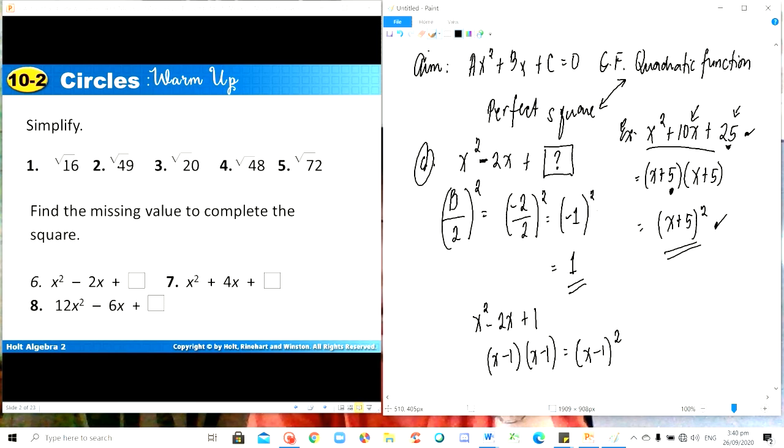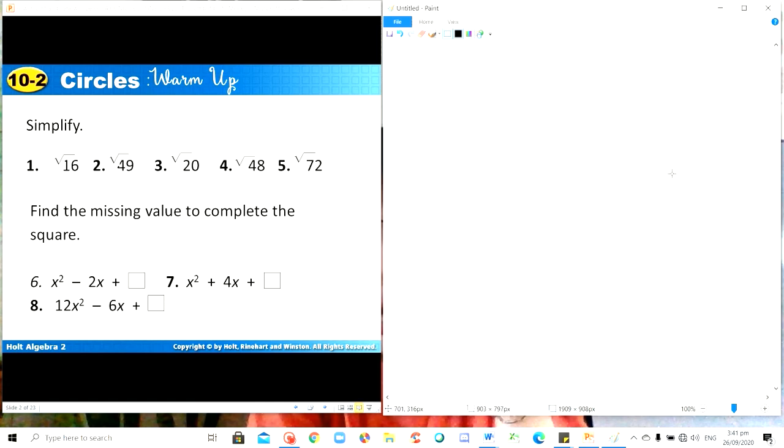Okay, now let's try number 7. Let me erase this. Number 7: x squared plus 4x plus blank. Again, what must we keep in mind? To get this term, you have to divide b by 2 and then square it.